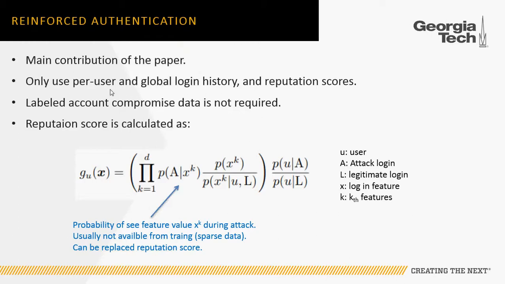The advantage is it only uses the per-user and global login history, and also the reputation score, and it doesn't need the account compromise data. This is a big improvement because most user accounts have never been hacked or compromised, so this kind of data is usually not available, and in this scoring model the authors didn't use that.